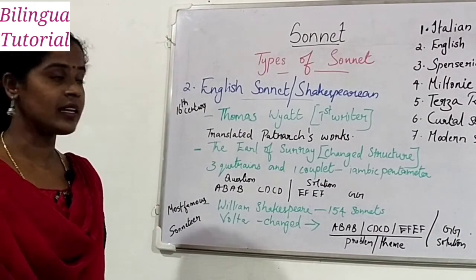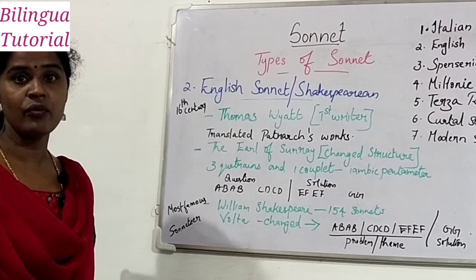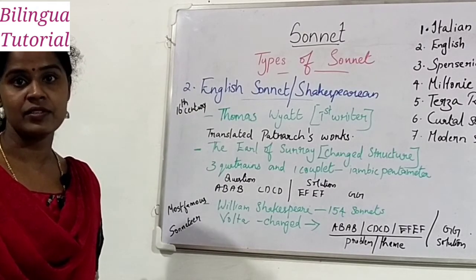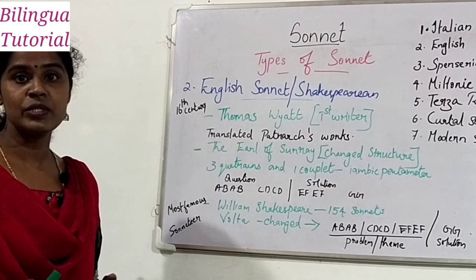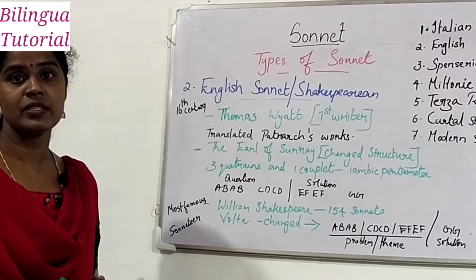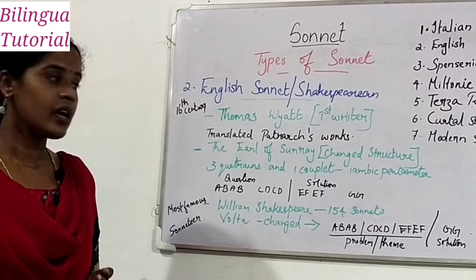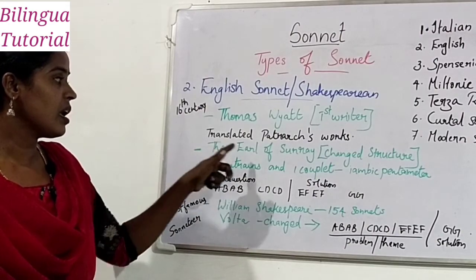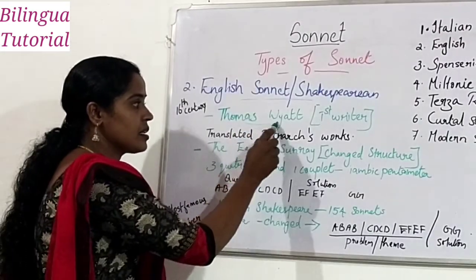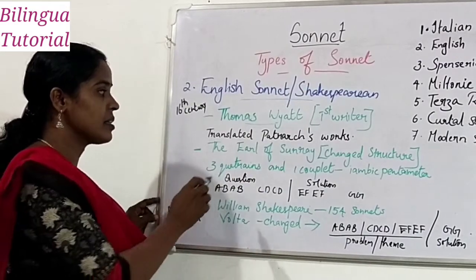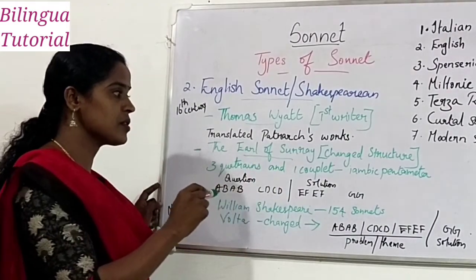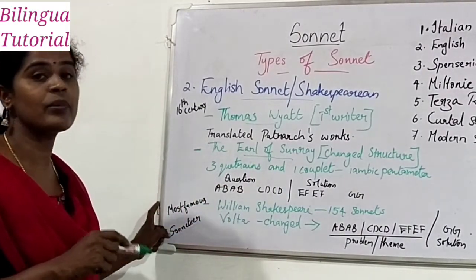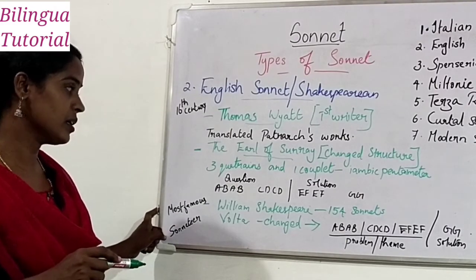The Earl of Surrey changed the structure of the sonnet from the Petrarchan sonnet. So an individual kind of sonnet evolved for English, and it was donated by the Earl of Surrey. So the first writer is Thomas Wyatt, and the Earl of Surrey is the person who changed the structure of the Petrarchan sonnet to the English sonnet.